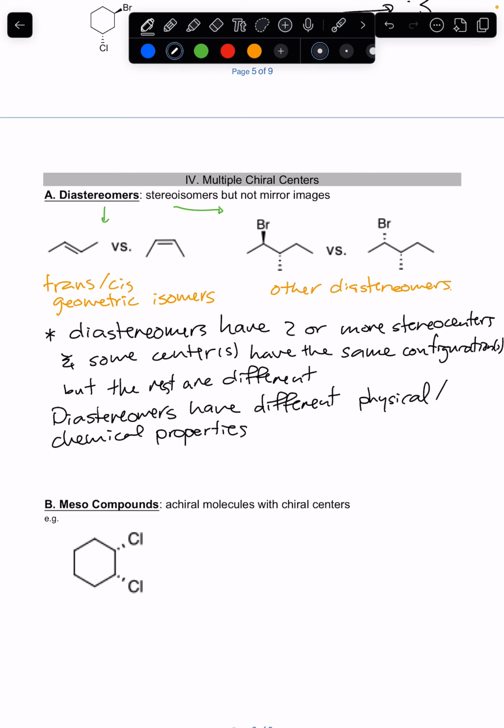Whereas you can imagine mirror images, enantiomers, actually have identical physical and chemical properties. And so for that reason, that distinction is important. Diastereomers can be separated from each other by things like chromatography, which I think you're learning about in your lab class, or crystallography.